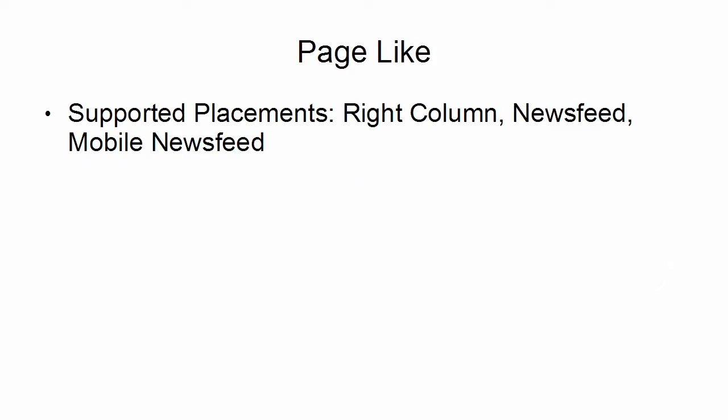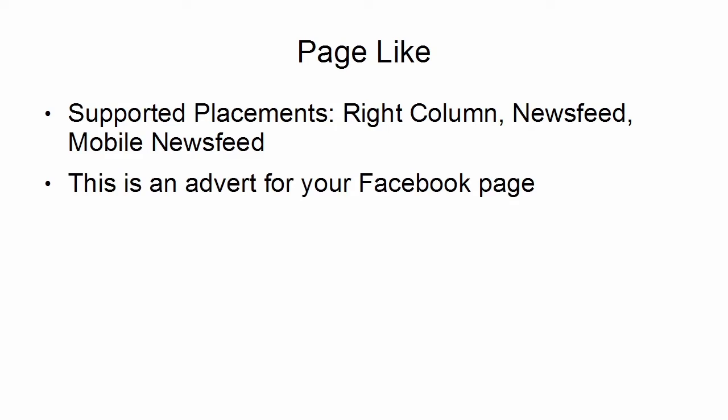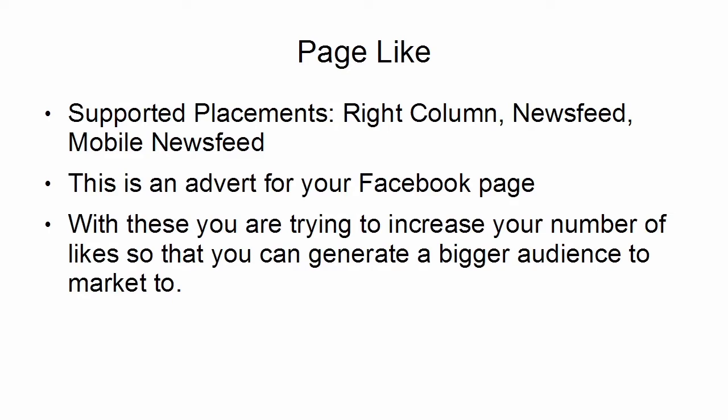Then there's page like, and the supported placements are the right column, the news feed, and the mobile news feed. And this is basically an advert for your Facebook page. And with these, what you're trying to do is increase the number of likes so that you can generate a bigger audience to market to.